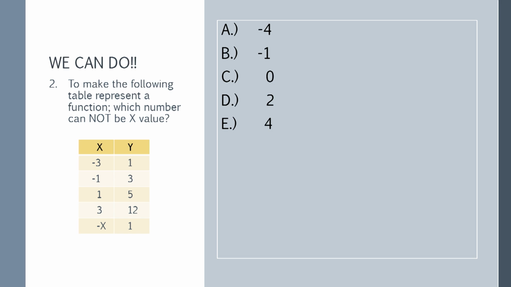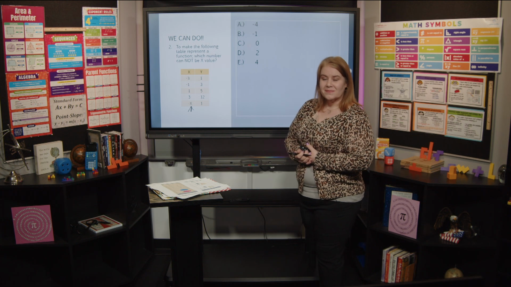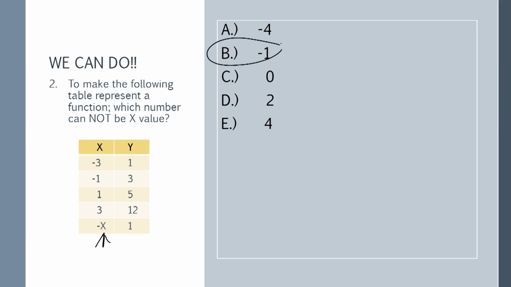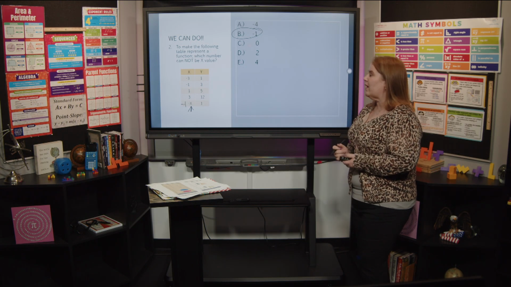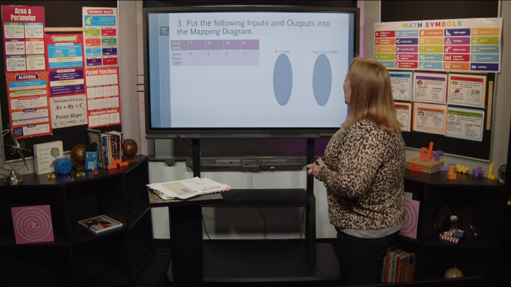What could go here that would not make it a function? Exactly right. If I put -1 here, I would have two that have the same x input. That could not be a function if it was -1. Good job.